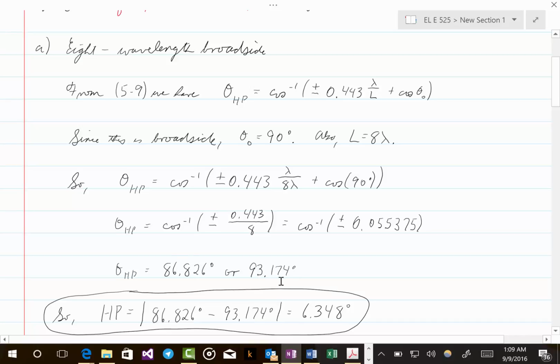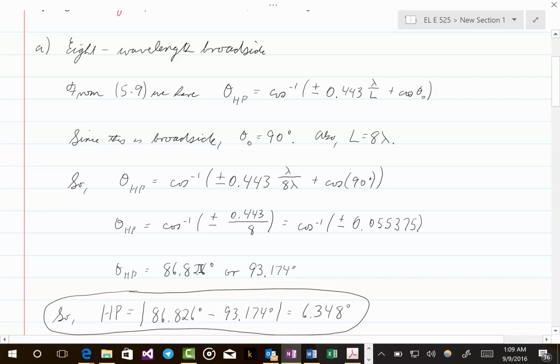So you can see how these two angles are symmetric about 90 degrees. 90 degrees is where we have our maximum, which of course is consistent with the fact that this is a broadside line source. Then we have our half power points just to the right and left of that, just 3.174 degrees to the right and 3.174 degrees to the left of 90 degrees.